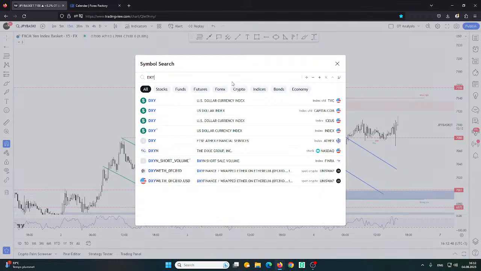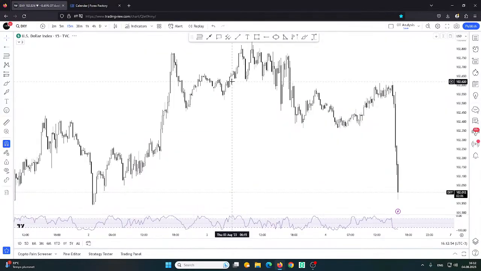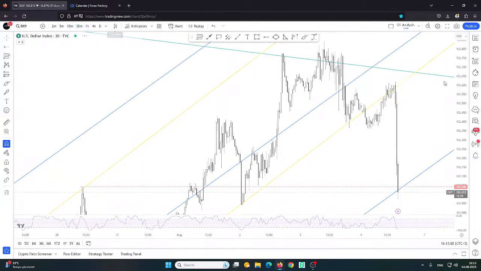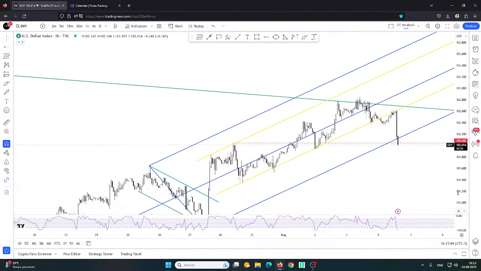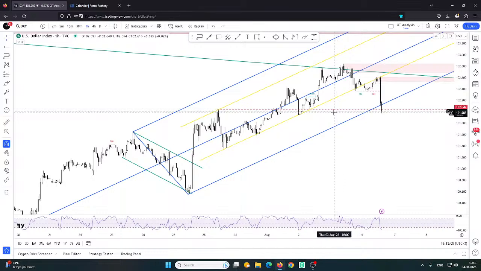Let's go and talk about the DXY, and let's take a look at the US dollar. If you have questions, guys, right now US dollar reached this demand zone on 15 minutes. That's why right now I don't want to do anything here on the US dollar because it's too late.